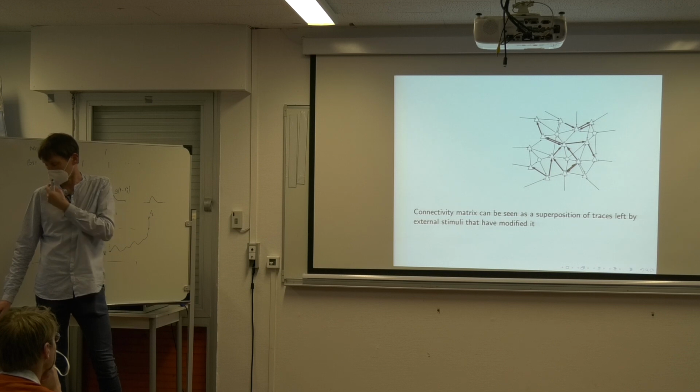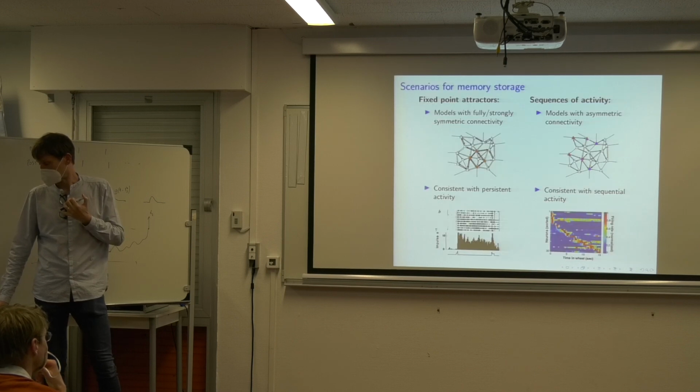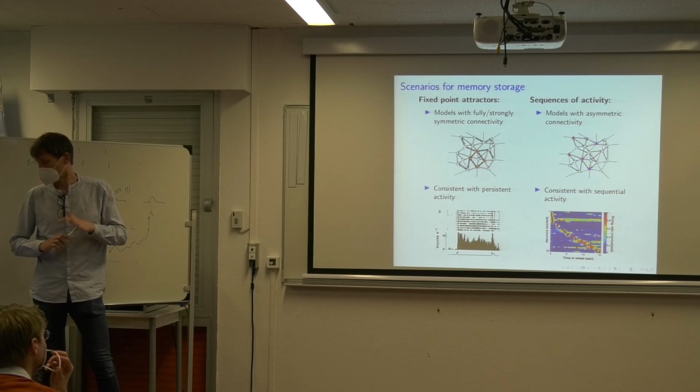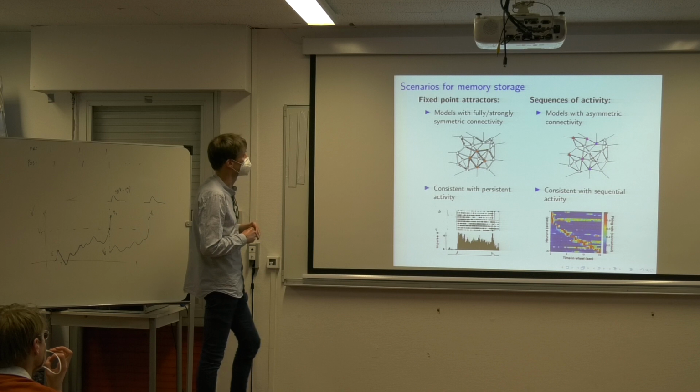So that's the basic idea, and this has been implemented in countless models, some of which I will review in the next lectures. And I will review in particular two big classes of models.